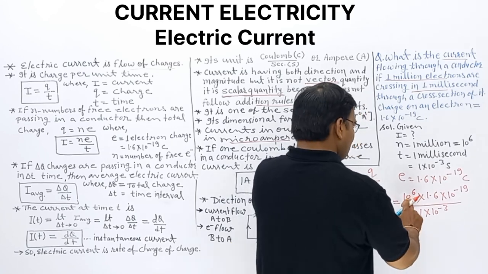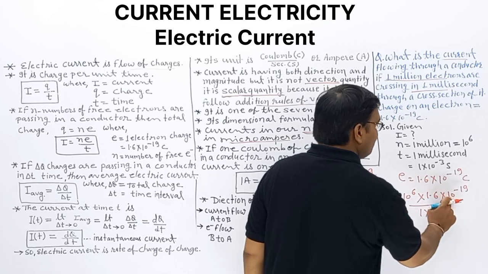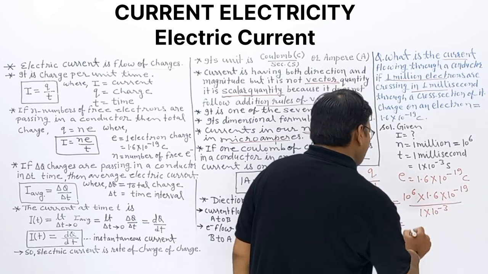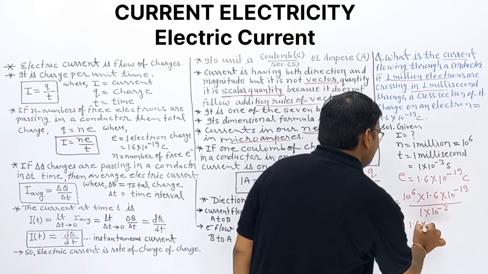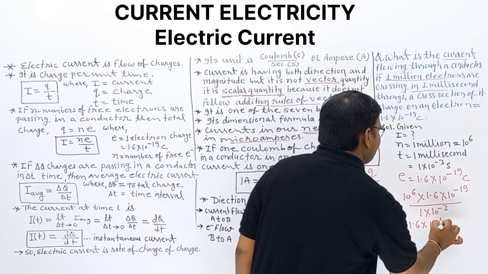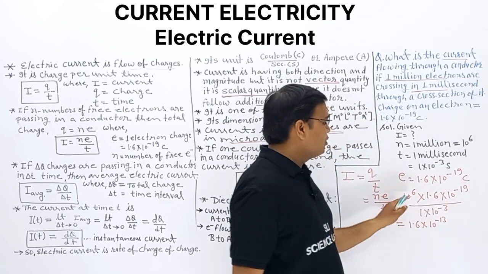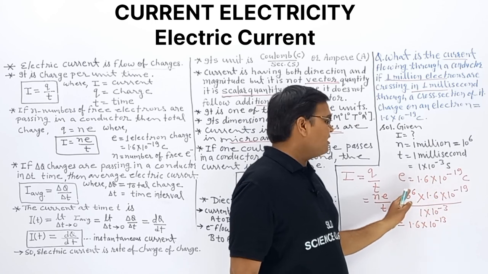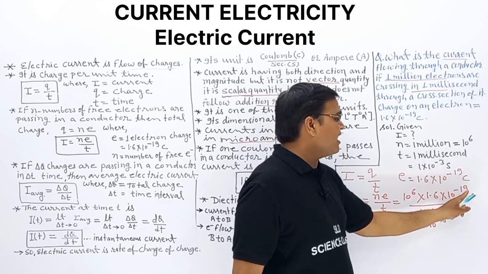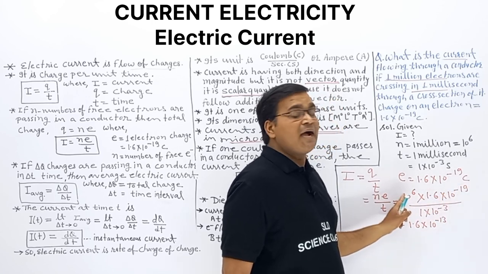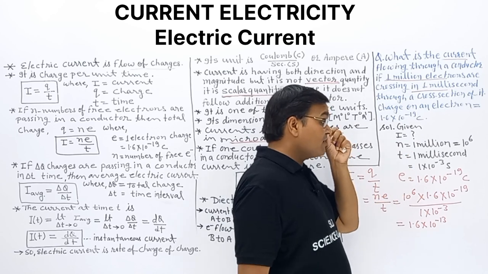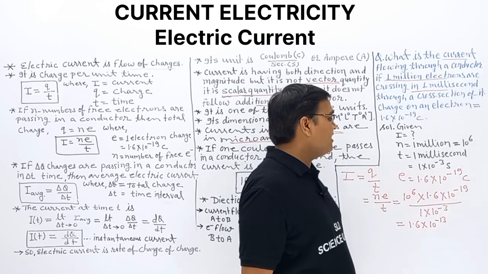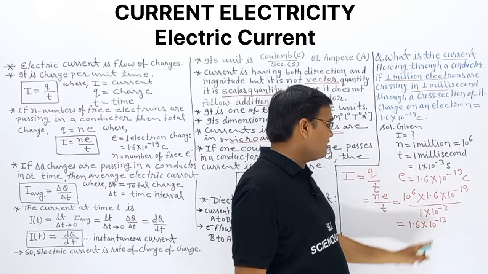10 to the power 6 into 10 to the power minus 19, what are we getting? 1.6 into 10 to the power minus 13. Both have equal base, so the powers will be added: minus 19 plus 6 will be minus 13.